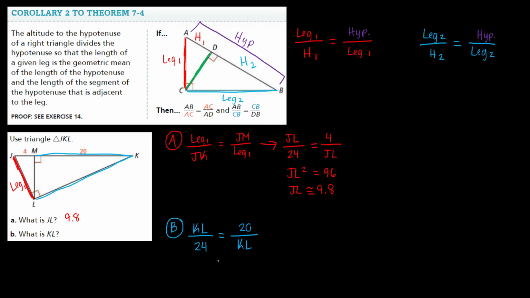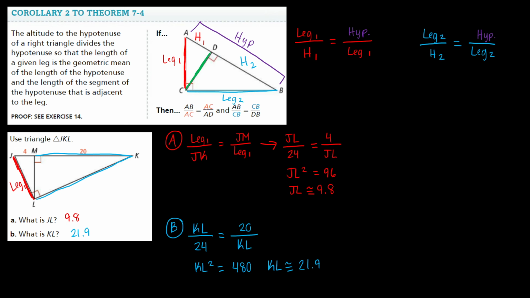So as before, we're going to cross multiply as normal. KL squared is equal to 20 times 24, which is 480. Which means KL is the square root of 480, and that is approximately 21.9. So in this problem, JL is 9.8, KL is 21.9.